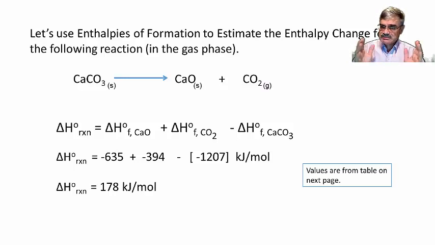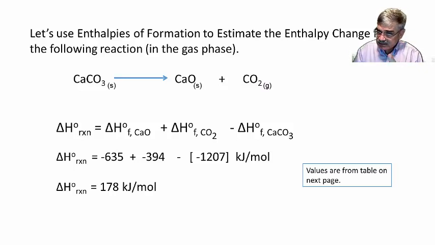The enthalpy change for this reaction, that is, let's say we don't know this enthalpy change and we want to calculate it. All right, we would calculate that as the delta H of formation of the first product molecule, calcium oxide, plus the delta H of formation of the second product molecule, carbon dioxide, minus the delta H of formation of the reactant molecule, calcium carbonate.